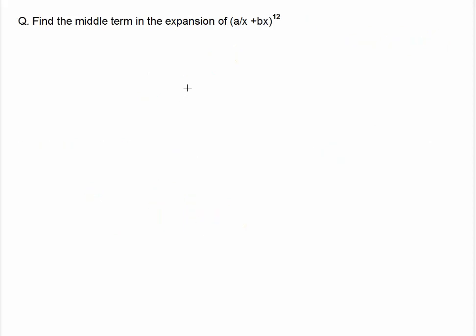So let's do a question. Find the middle term in the expansion of (a/x + bx)^12. Here n equals 12, which is even. Therefore the number of terms would be 12+1, or n+1, which would become 13, which is odd.